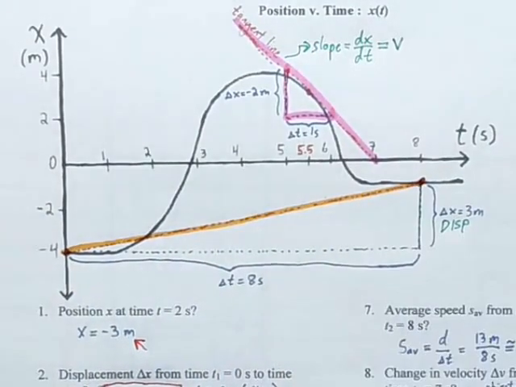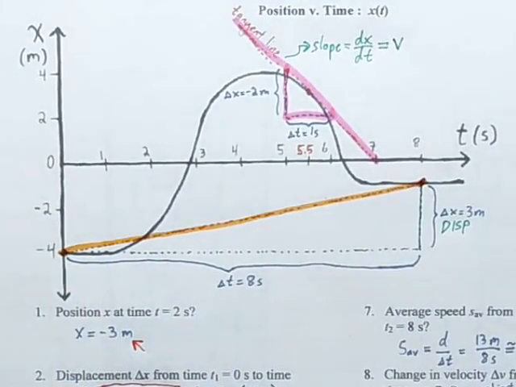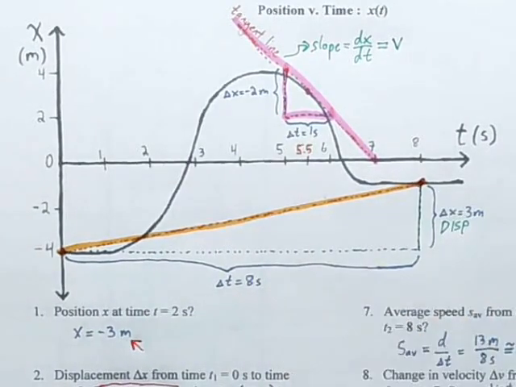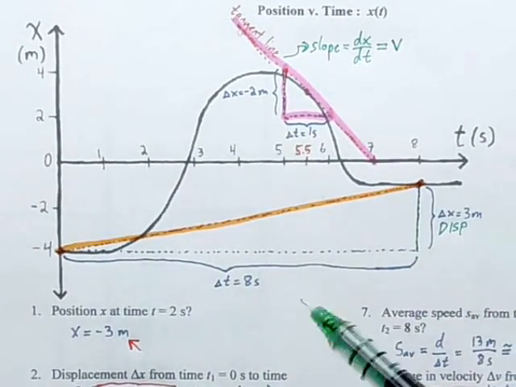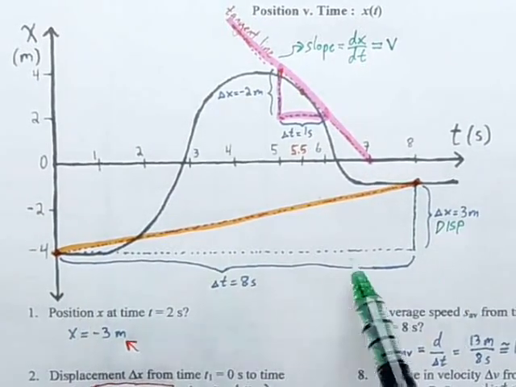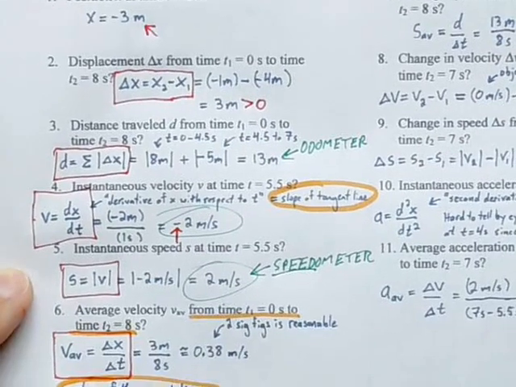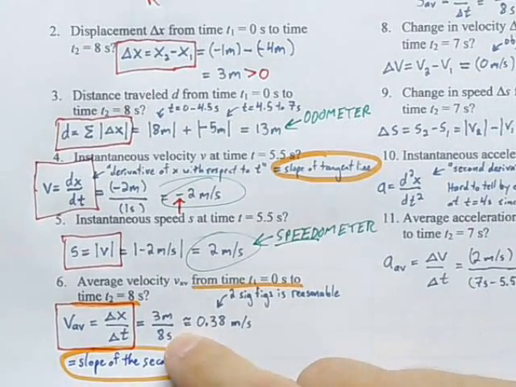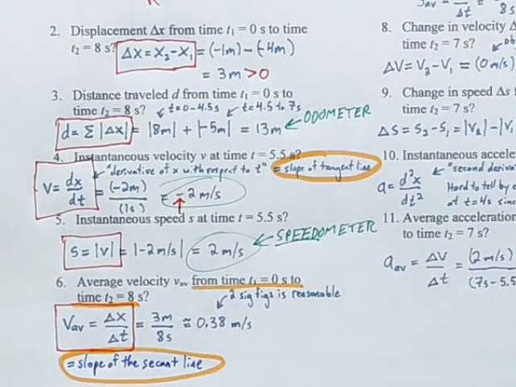Let that line be the hypotenuse of a right triangle, and the slope of that line represents our average velocity over that interval, delta x over delta t. So that's 3 meters over 8 seconds here. And so 3/8 meters per second looks like my answer, but there's a problem.